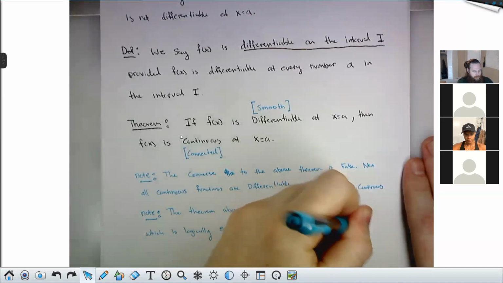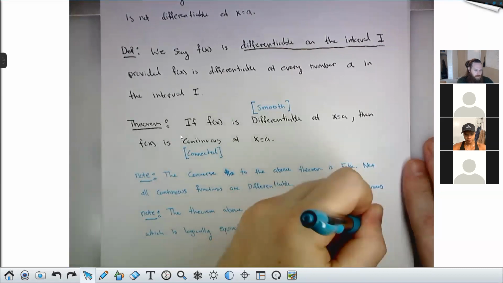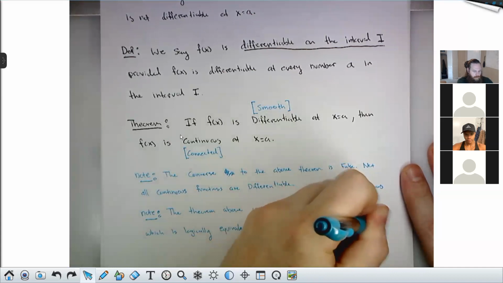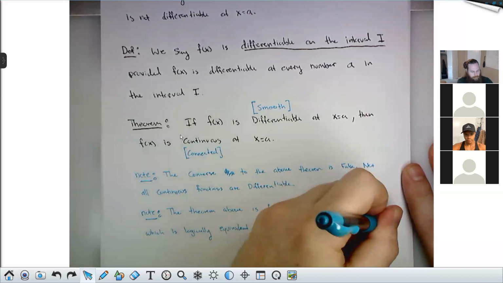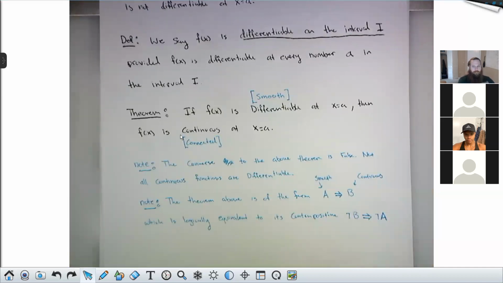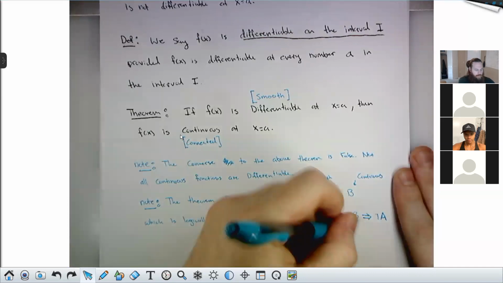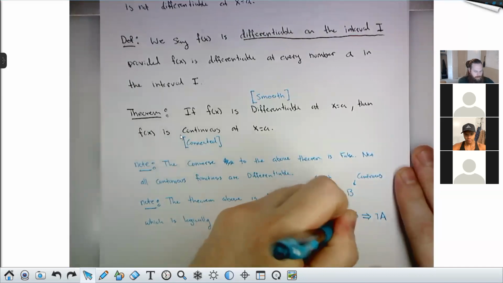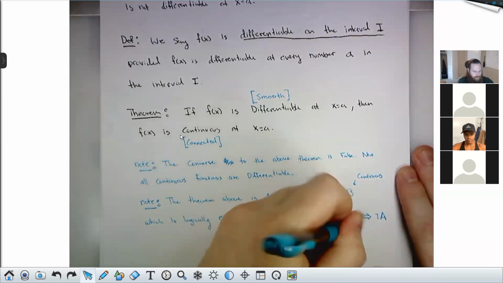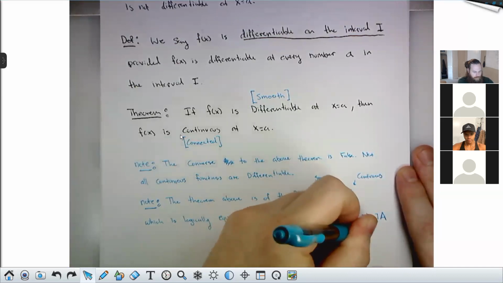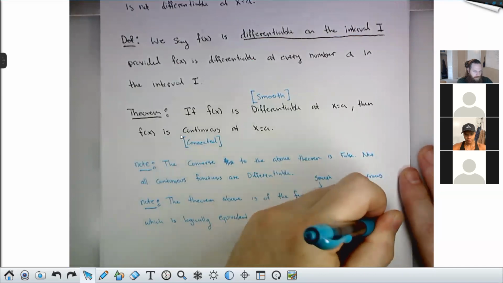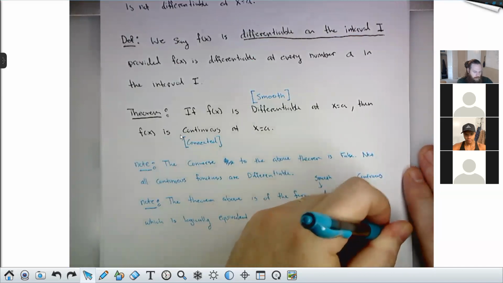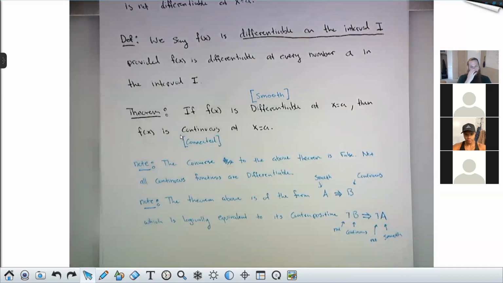The contrapositive is: if B is not true, then automatically A is not true. So if you are, this symbol stands for not, if you are not continuous, then you are automatically not smooth. This is true.